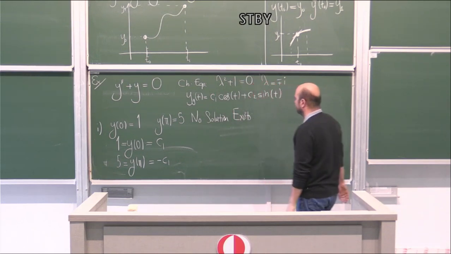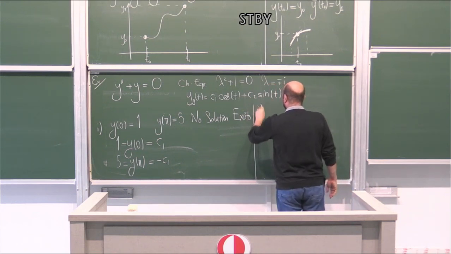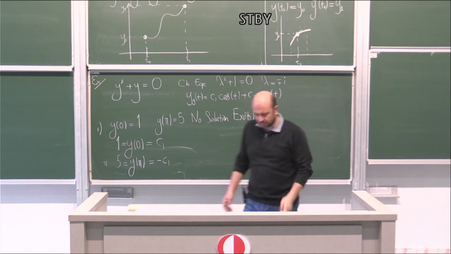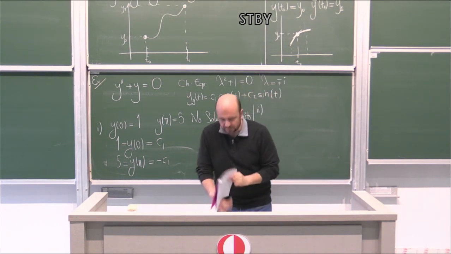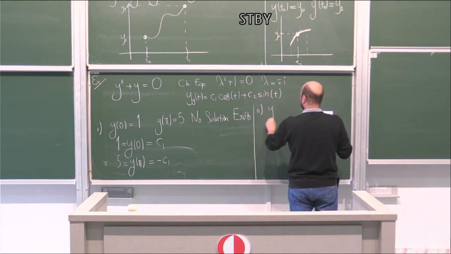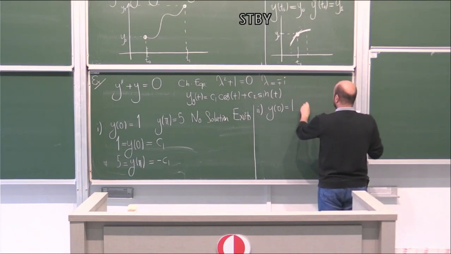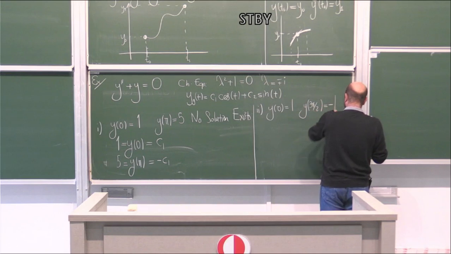Now let me fit another example here. The same differential equation, but my conditions are different. This time I'm taking y(0) again 1 and y(3 pi over 2) equal to minus 1.